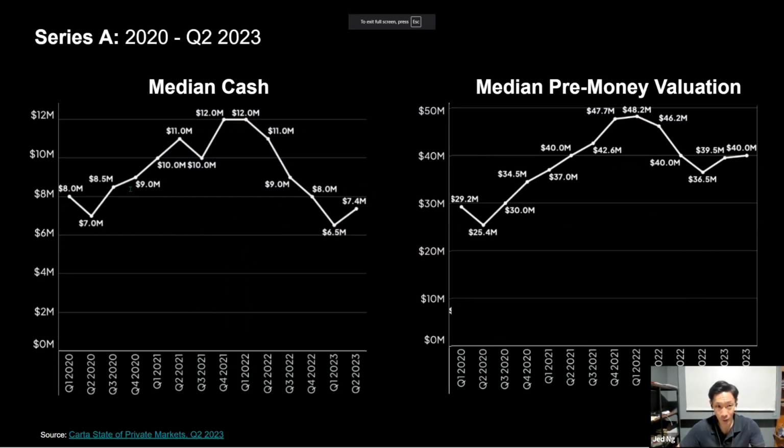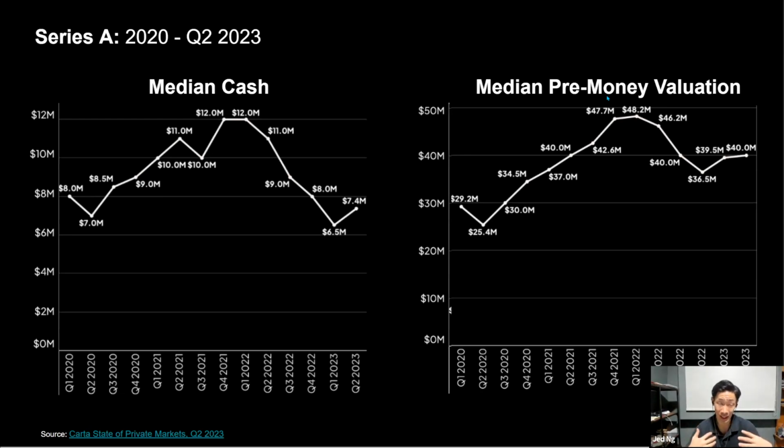We saw this pattern where there's this hump where companies are raising more cash, they have a higher valuation. I mentioned this because you talk about CapEx heavy companies, right? CapEx heavy companies need this cash in order for the founders not to get diluted. They're going to push for higher valuation. So this effect is going to be in play.